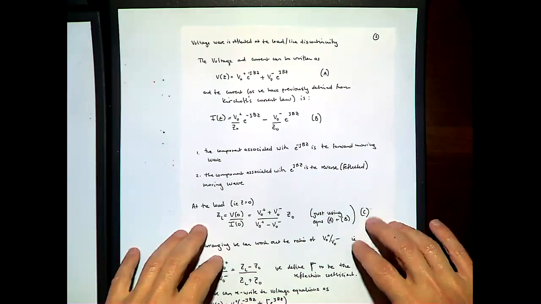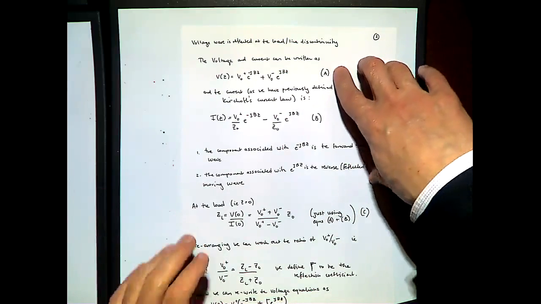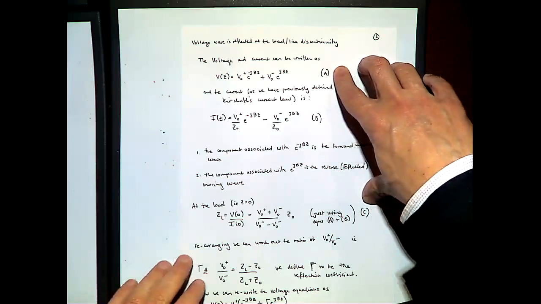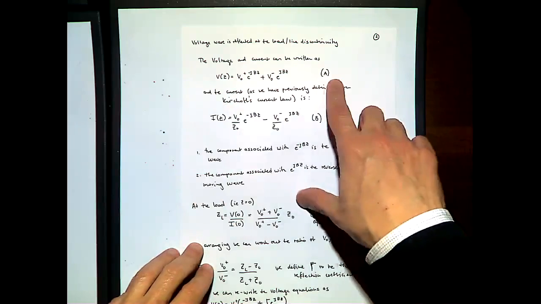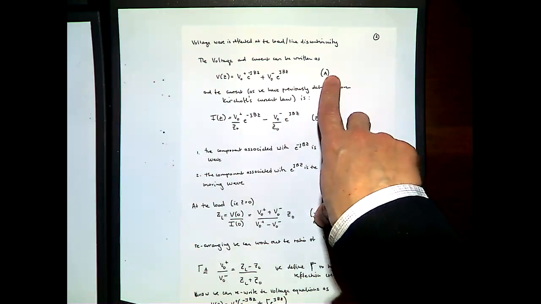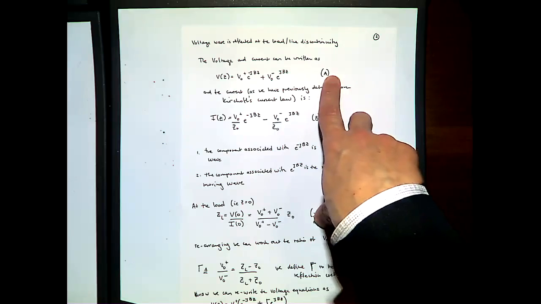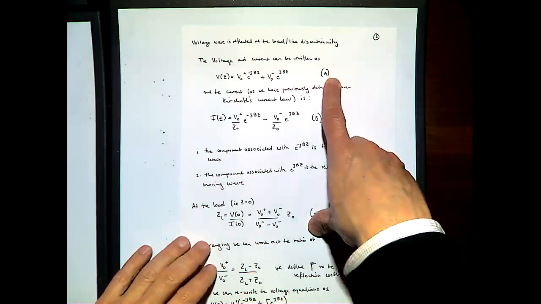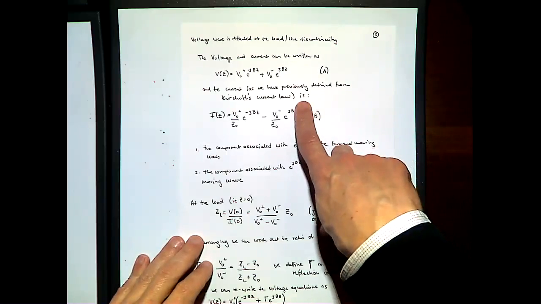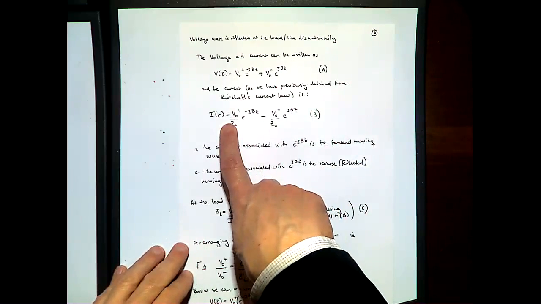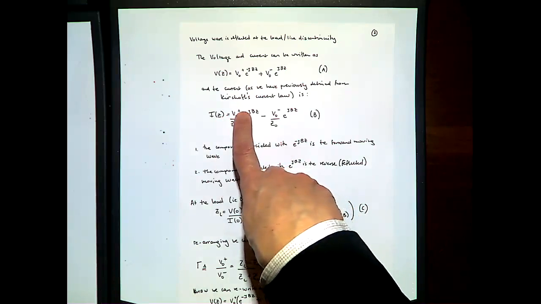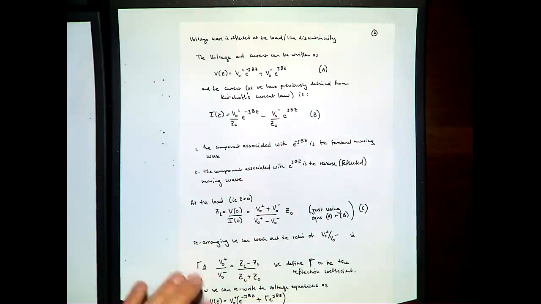We're going to use the machinery we developed in the previous part of the lecture, the forward moving voltage wave and the reverse moving voltage wave. And of course, using Kirchhoff's current law, we can also work out the relationship for our current in terms of the incident voltage wave to this load.